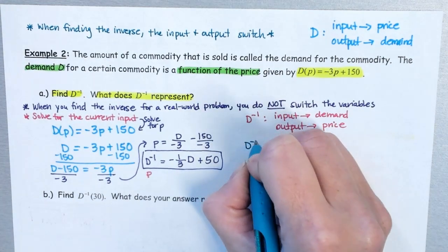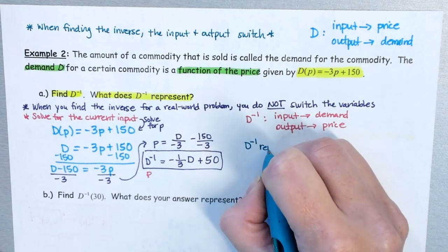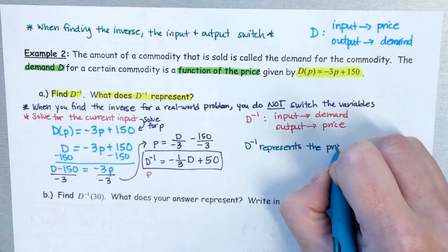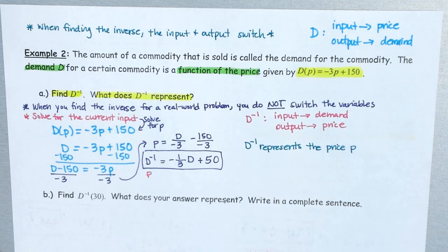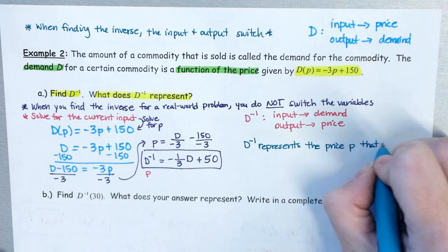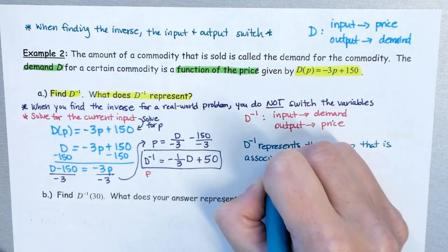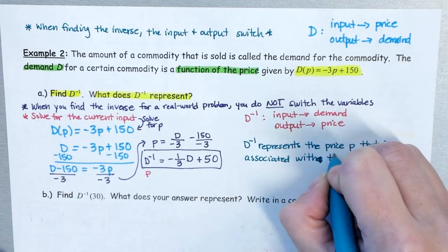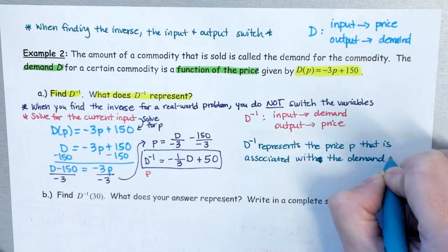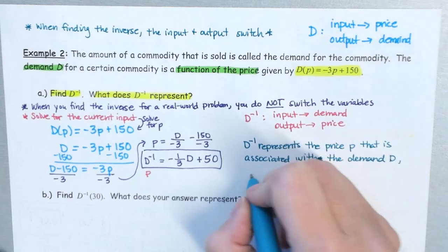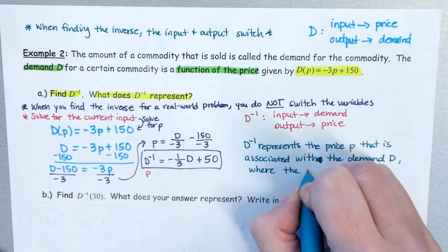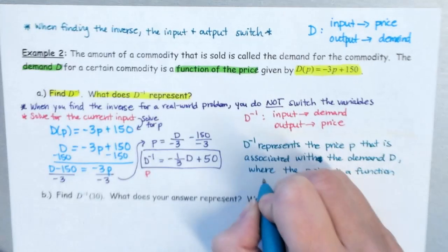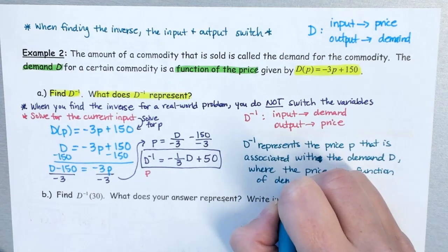So we're going to say that the inverse represents the price P that is associated with the demand D where the price is a function of demand.